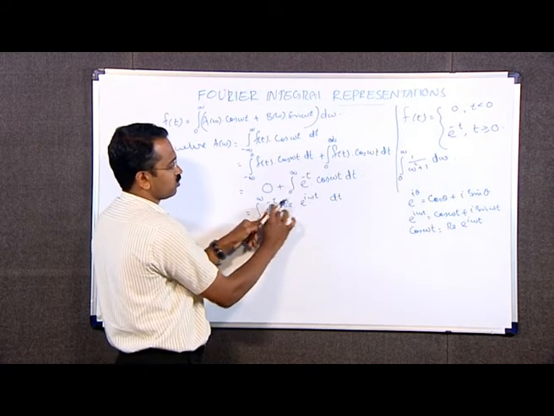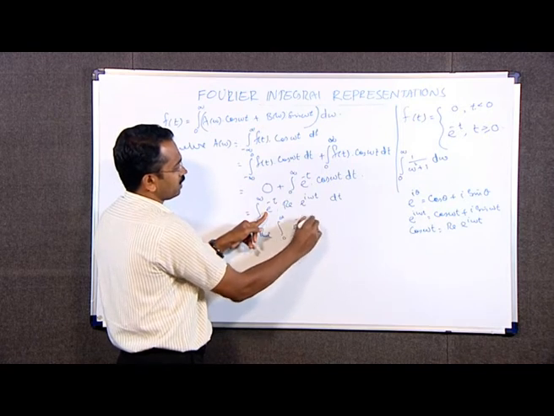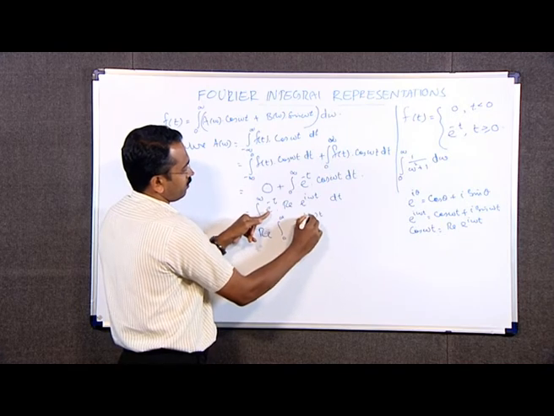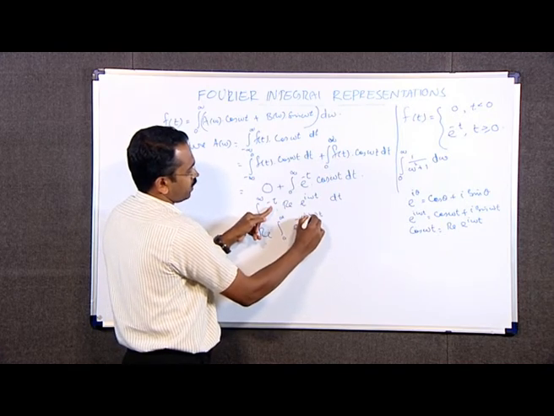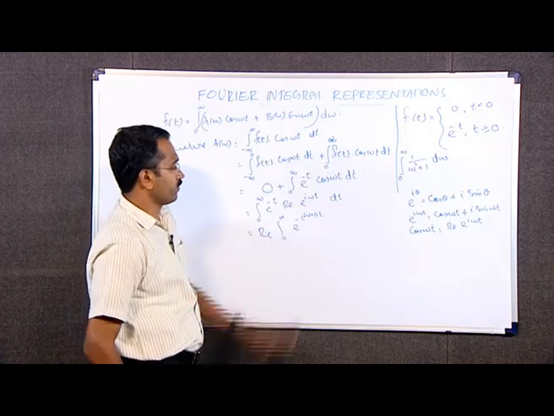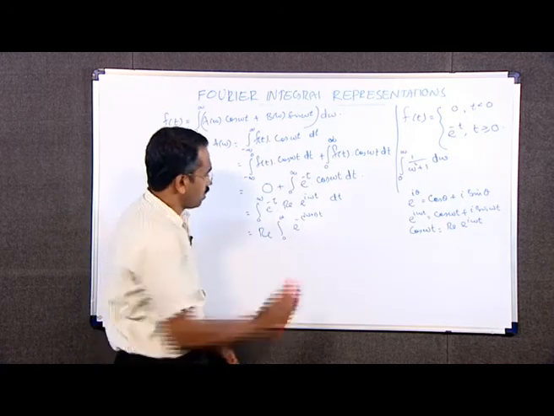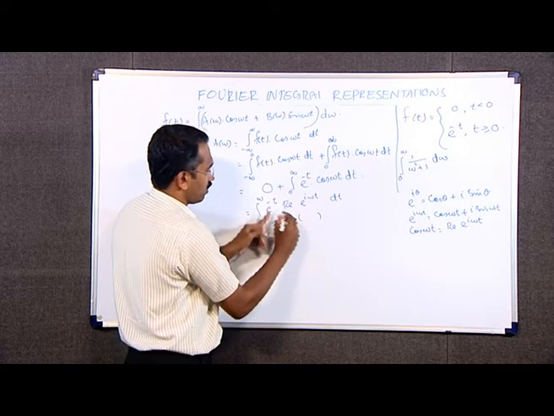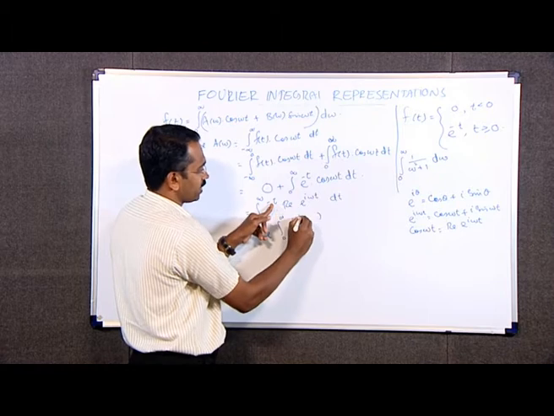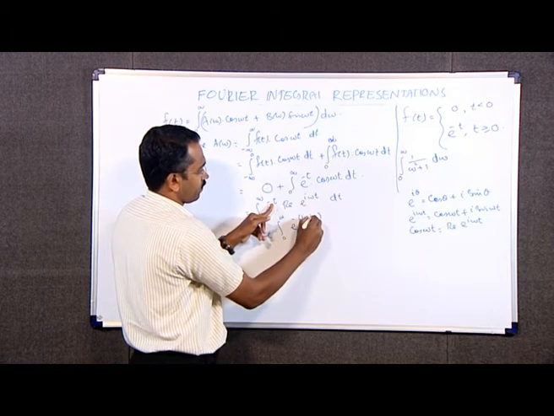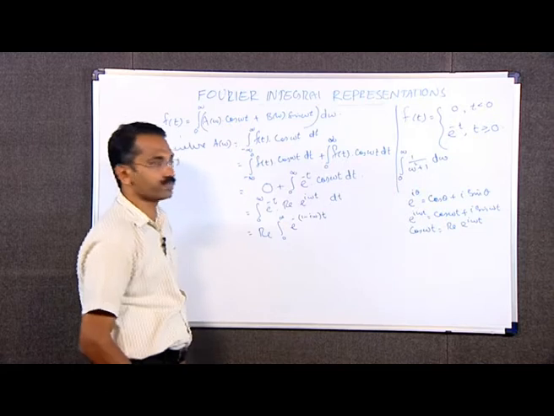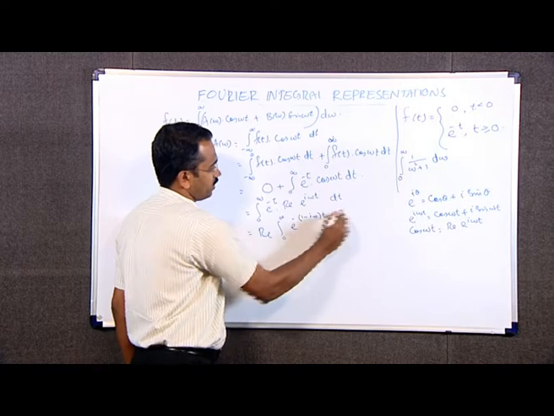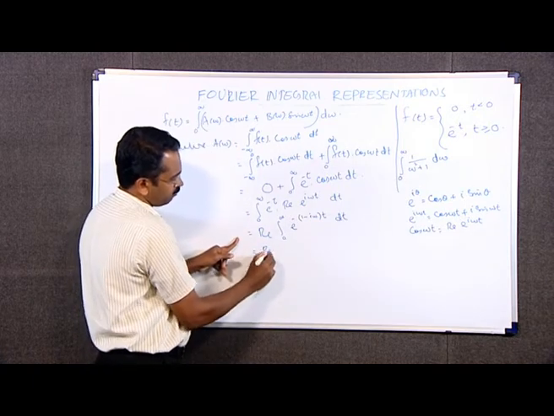We can combine these two, e power minus of 1 minus I omega into t dt.